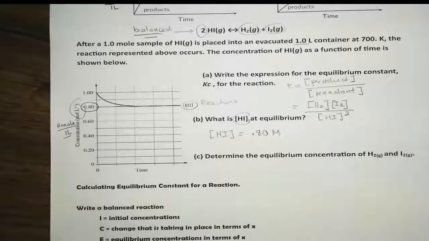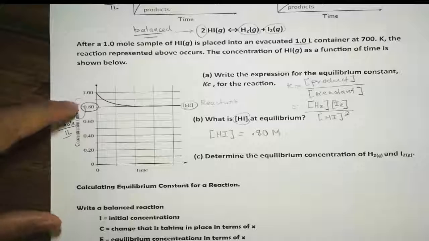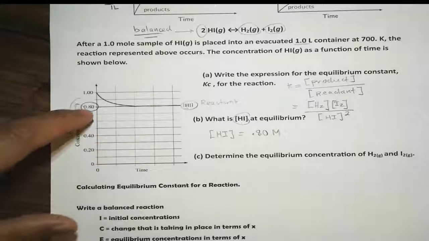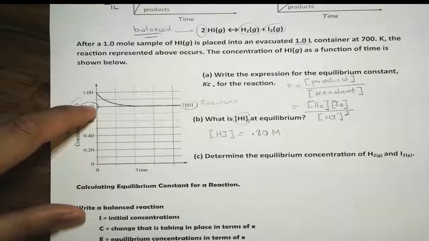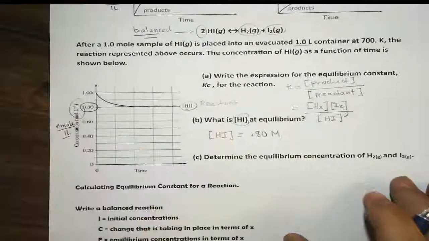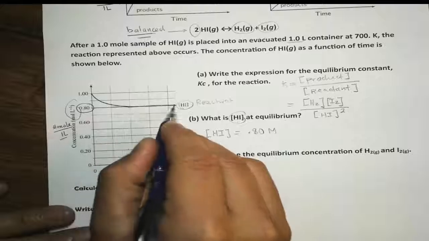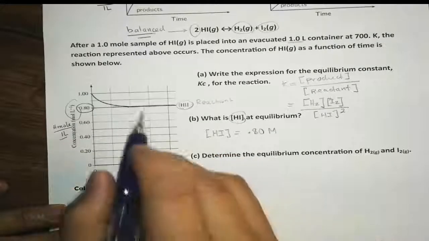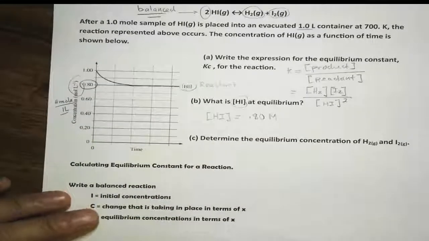Isn't that easy? So by looking at a graph, you can determine the concentration of any substance if it's drawn in at equilibrium. All you need to look for is where the concentration stays the same over time.